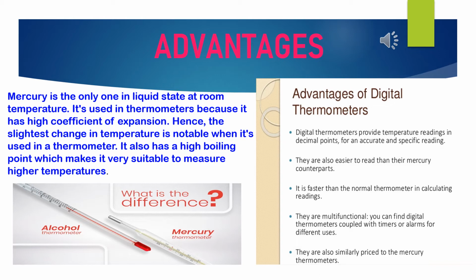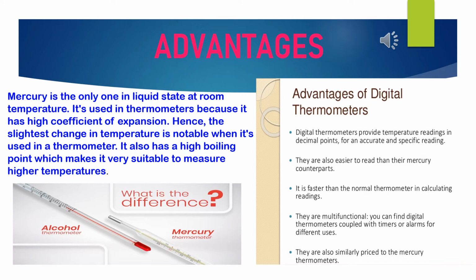Next, they are faster than the normal thermometer in calculating readings. Next, they are multifunctional. You can find digital thermometers coupled with timers or alarms for different uses. And the last one, they are also similarly priced to mercury thermometers.